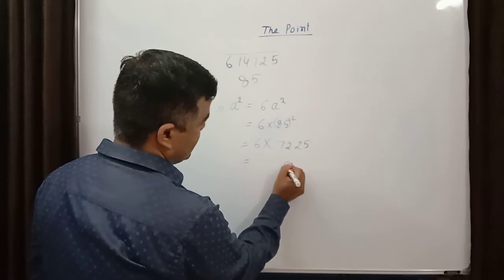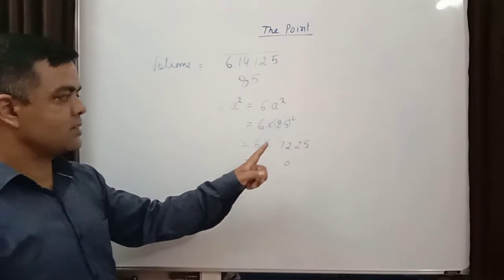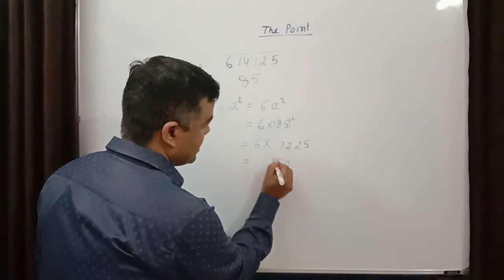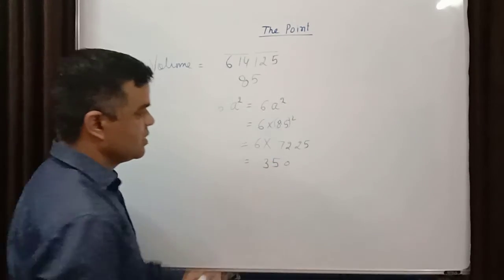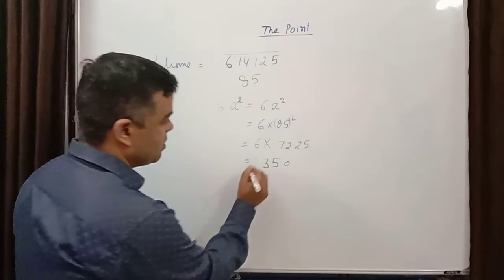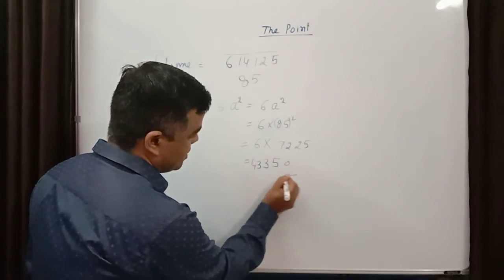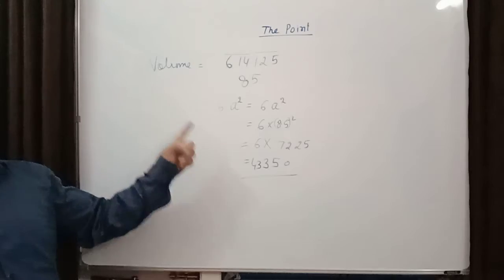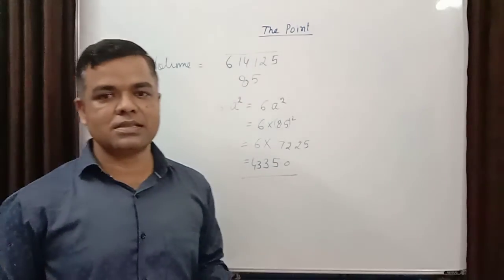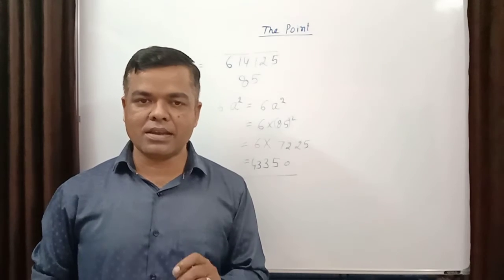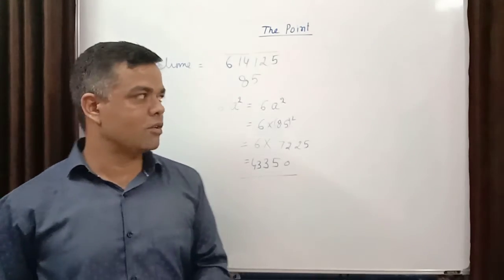Multiply again by 6: 6 5 are 30, carry 3, 6 2 are 12, 3 15, carry 1, 6 2 are 12, 1 13, carry 1, 6 7 are 42, and 1 43. So this will be the surface area of this cube. By this trick, within 10 seconds you can solve any question on cube.